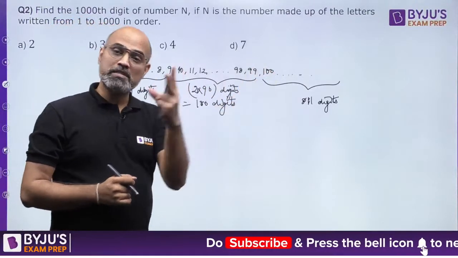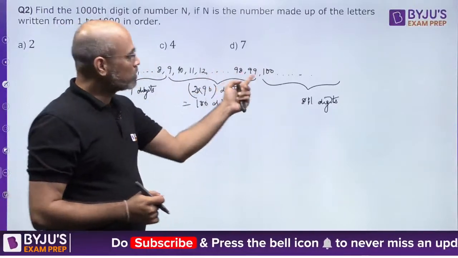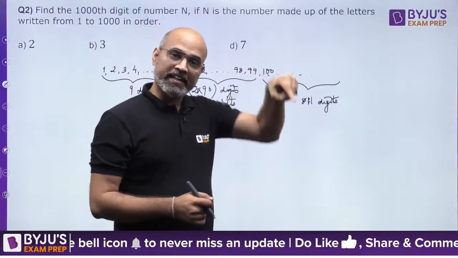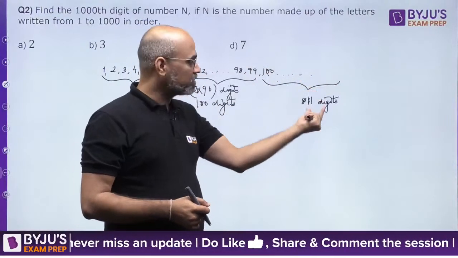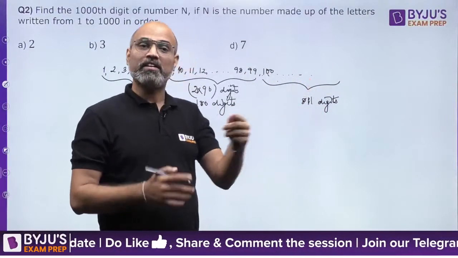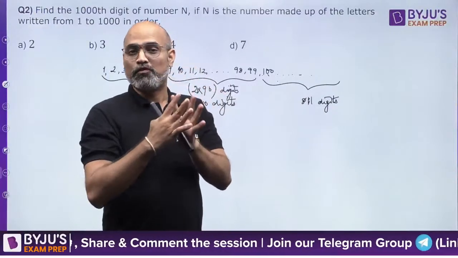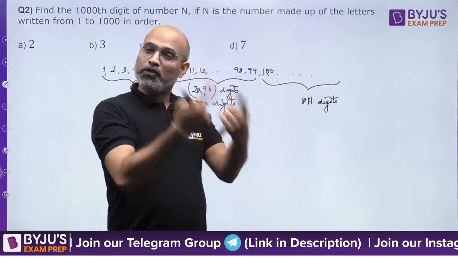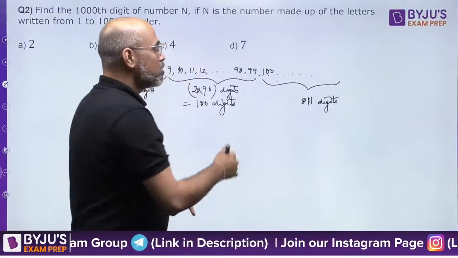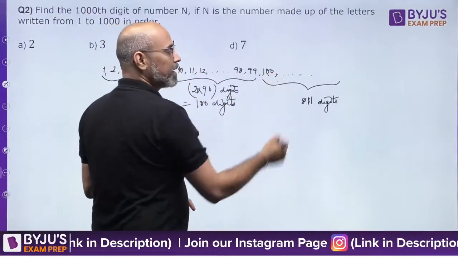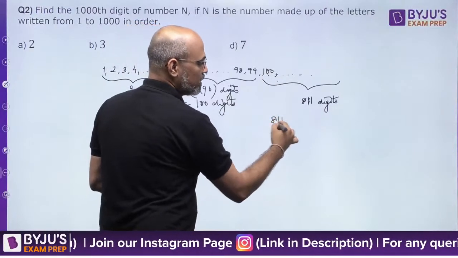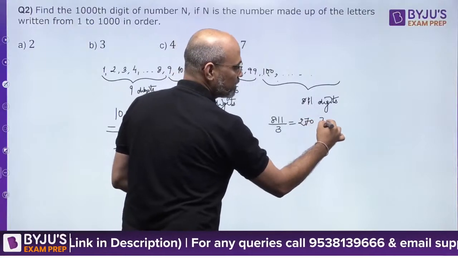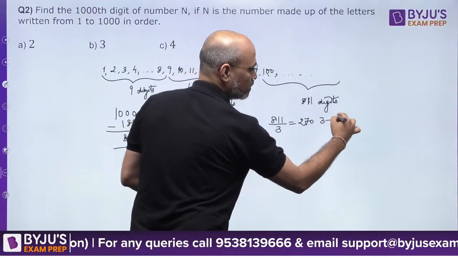Now, every number is made up of 3 digits. So this is 1, 2, 3, 4, 5, 6, 7, 8, 9. If I keep on doing this, then 811 digits will be written, right? Where a group of 3 digits will always form a 3-digit number. So how many 3-digit numbers can we write here? So can I say 811 by 3, which is going to be 270 3-digit numbers we will be writing.